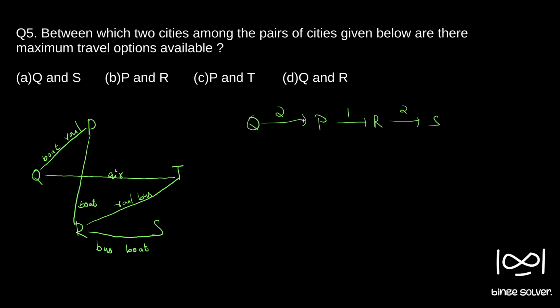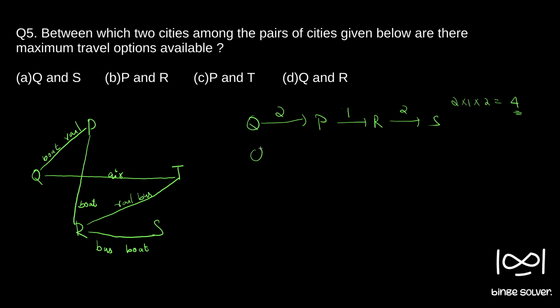So total possible combinations to travel from Q to P to R to S is 2 into 1 into 2, which is equal to 4. So if we travel like this, we have 4 possible combinations.